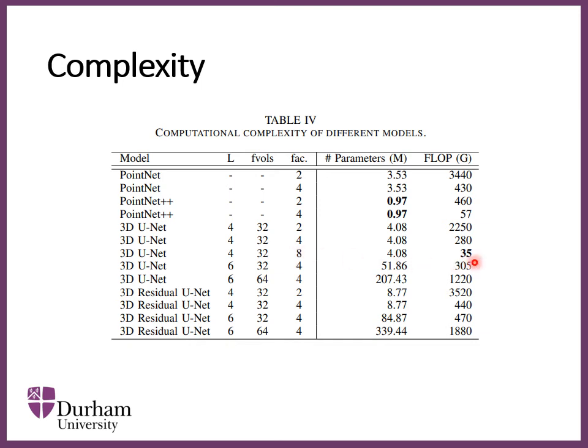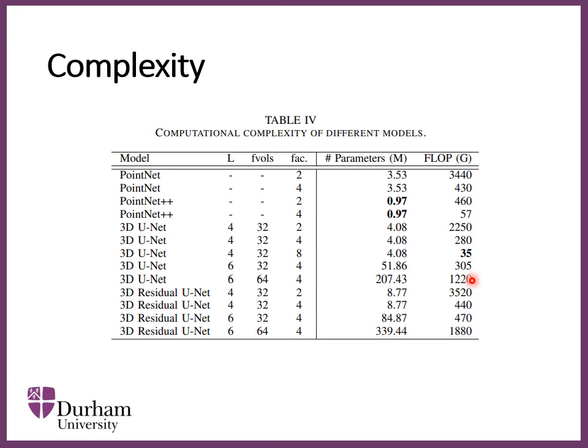But if we still remember that the best performance achieved by 3D UNet is with this combination, here you can see the number of parameters is very high and the number of flops is also very high.